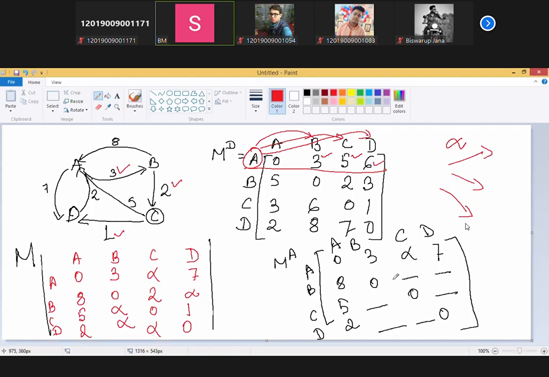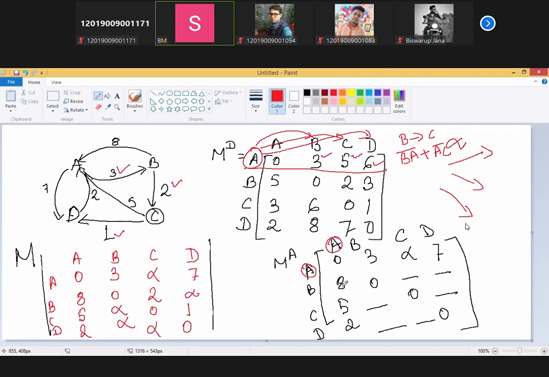Now, whenever you are calculating BC, you need to calculate the distance for B to C. But what Floyd-Warshall says, as you have fixed A, you need to take the actual distance of BC that is given in the initial matrix. Then you need to take BA plus AC, means via A, what is the distance? BA is 8, but AC is infinity.